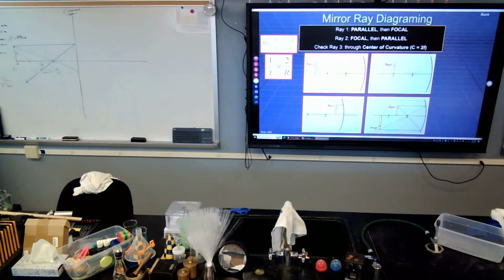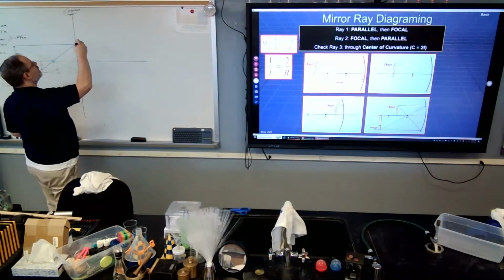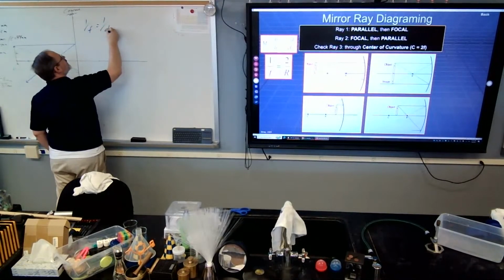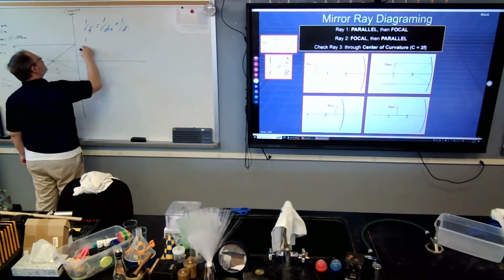Okay, so now we've got a bunch of information, and we can solve. Let's do our math. Usually we would do our math first, but this is also kind of fun. 1 over F equals 1 over DO plus 1 over DI. You said the focal distance was 22.